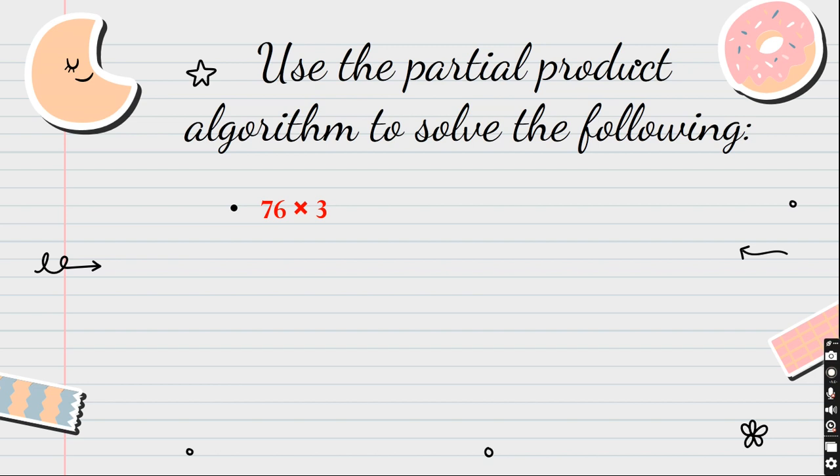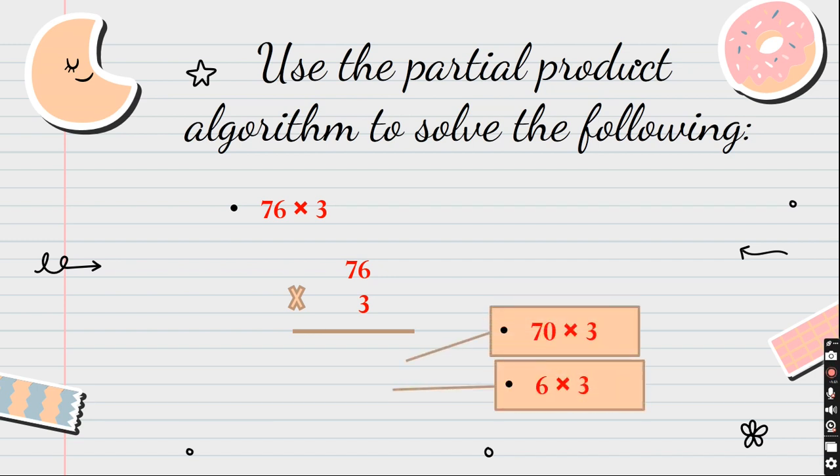We put 76 times 3 firstly, then we multiply the tens. 70 times 3 equals 210. And we multiply the ones. 6 times 3 equals 18. Then we add all the products. 210 plus 18 equals 228. So 76 times 3 equals 228.